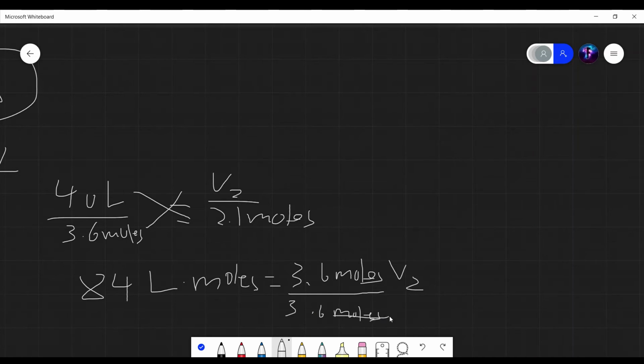And the moles will cancel. And this side, also, you're going to divide by 3.6 moles. And these two will cancel.